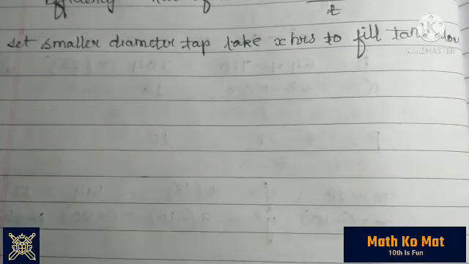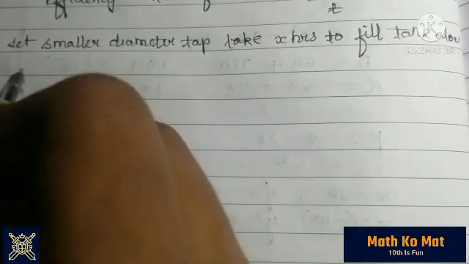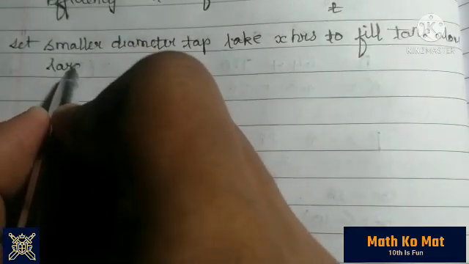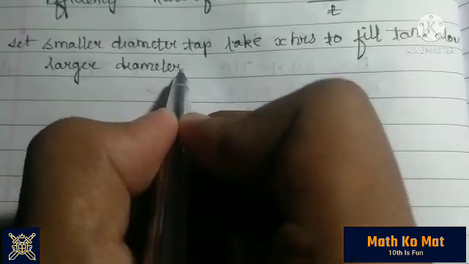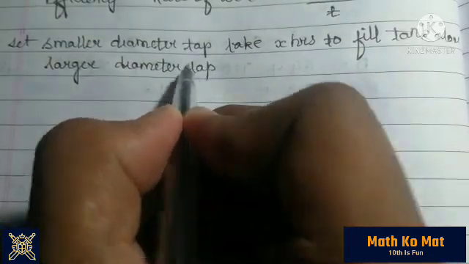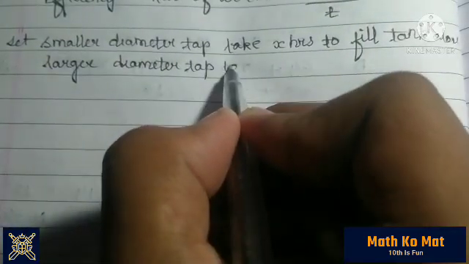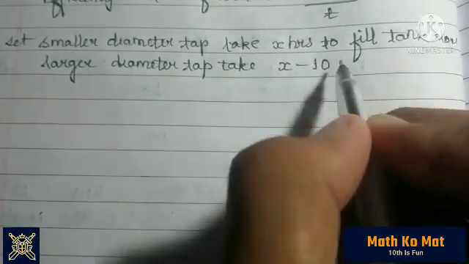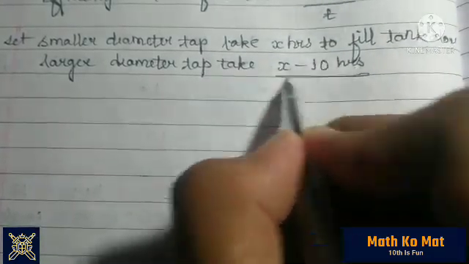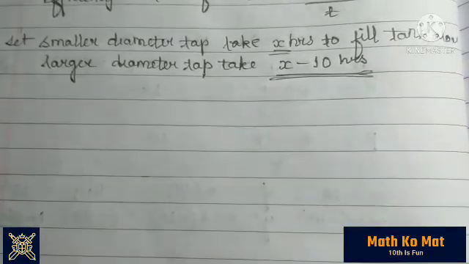So if you only use the smaller diameter tap, it would take x hours. It's also given that the larger diameter tap would take 10 hours less, so x minus 10 hours to fill the tank separately.